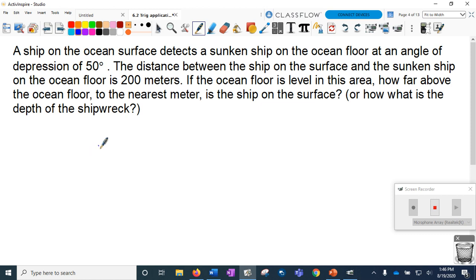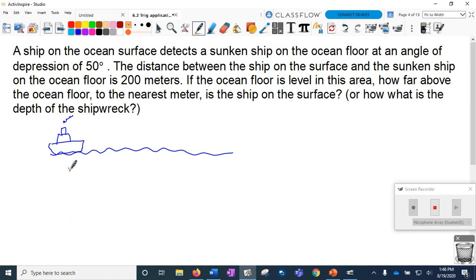One of the most important things we're going to be able to do is draw a picture, okay, or at least label something, all right? I'm going to draw a little ship. Here's my little ship on the ocean surface. Okay, toot toot. All right, it's on the ocean surface. Don't make fun of my drawings. And it detects another ship at the bottom of the ocean.